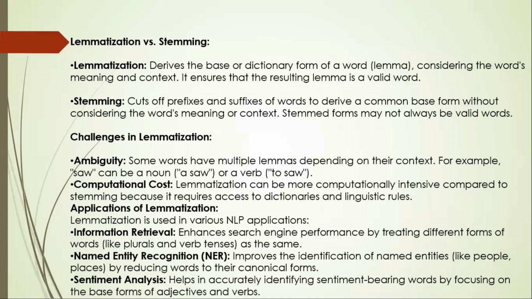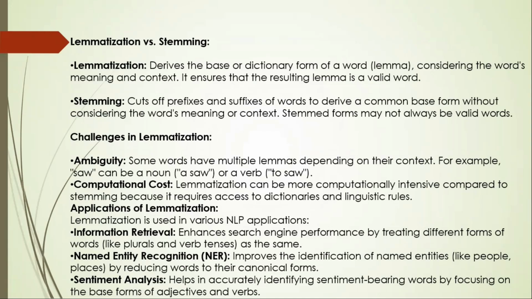So those things are there, and it creates ambiguity, and that is a problem for lemmatization. If somebody uses a language which is ambiguous in nature, the lemmatization process may fail because it is always looking for a valid word. Like a saw, to saw, both have different meanings. One is a noun, a saw, that's a tool. To saw, it's a verb. Now it is confused. Okay.